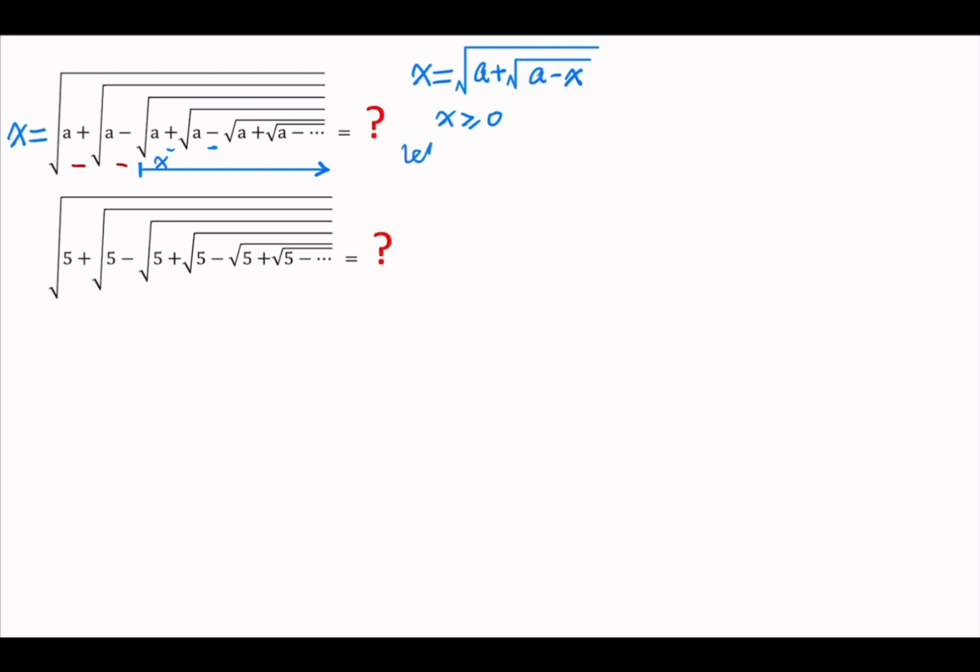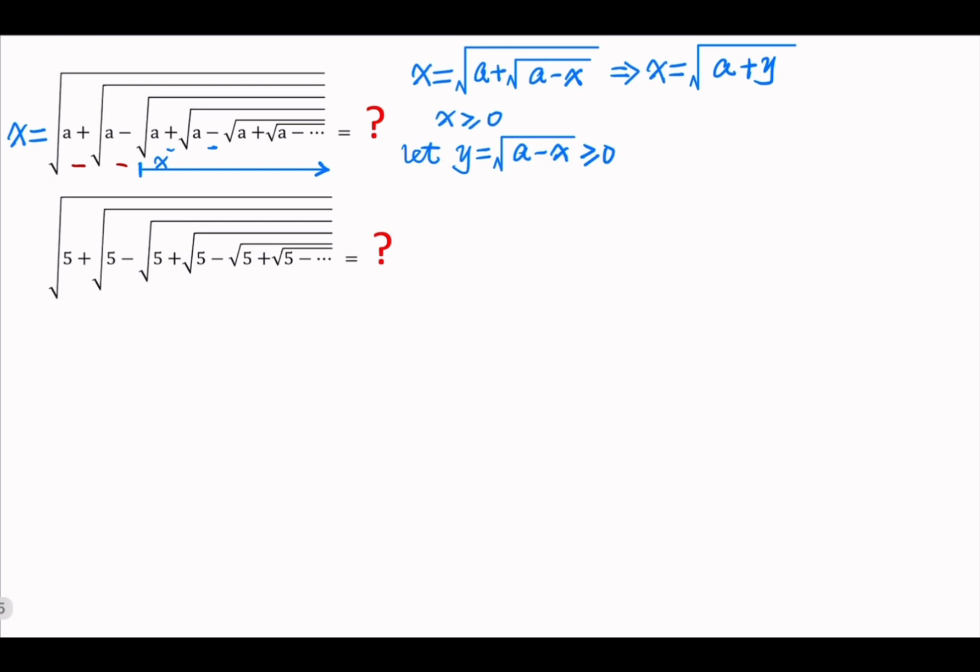If we let y equals square root a minus x, we know y is greater than 0. So the original equation can be written as x equals square root a plus y.